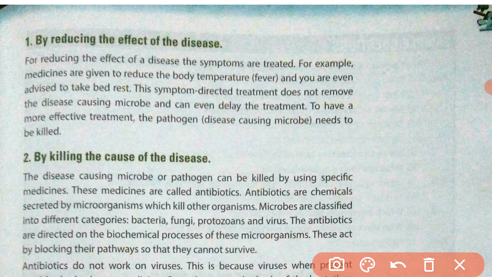Now microbes are classified into different categories: bacteria, fungi, protozoan and virus. The antibiotics are directed on the biochemical process of these microorganisms. We use the antibiotic specifically on the basis of the type of microorganism.